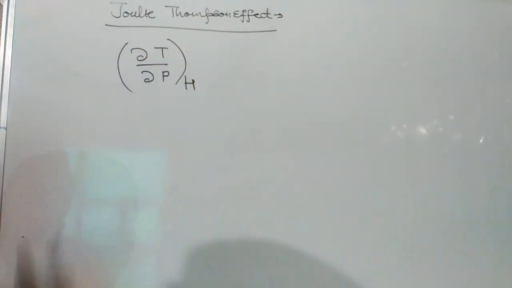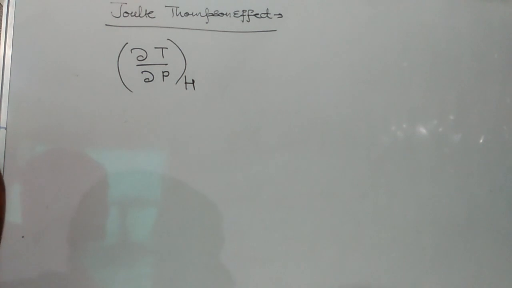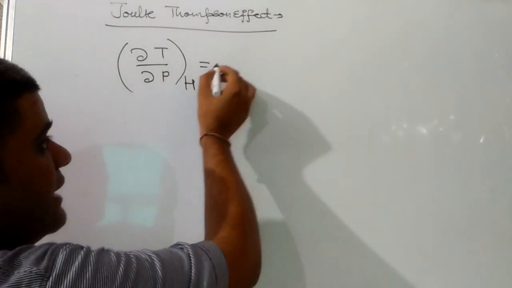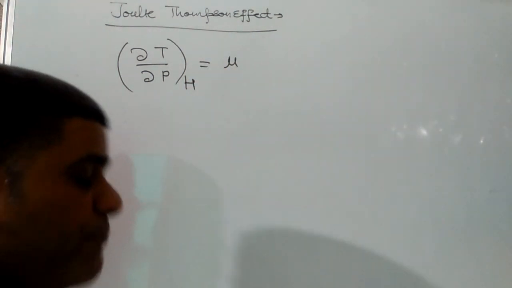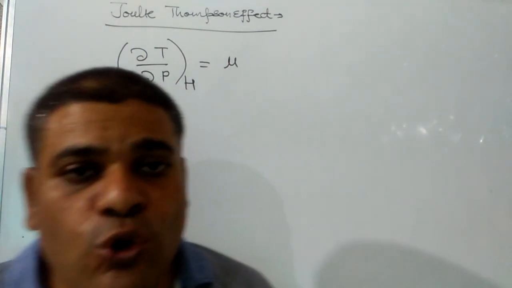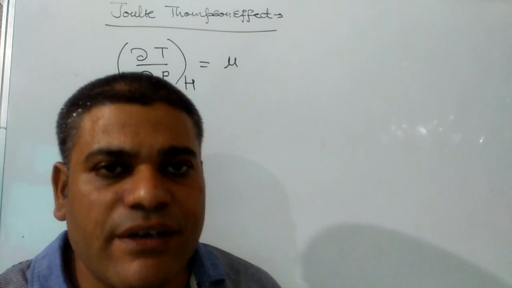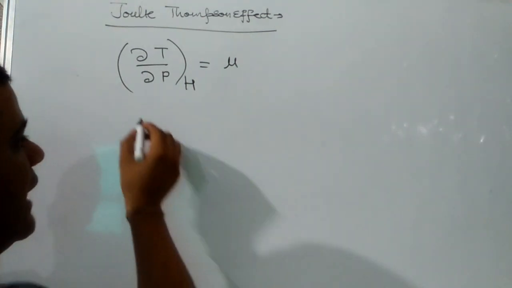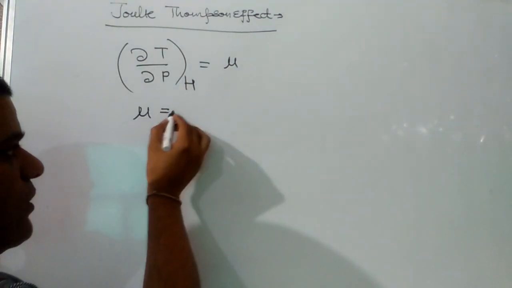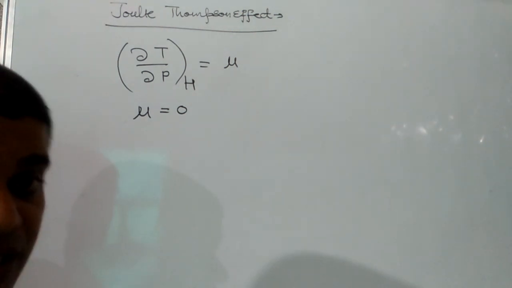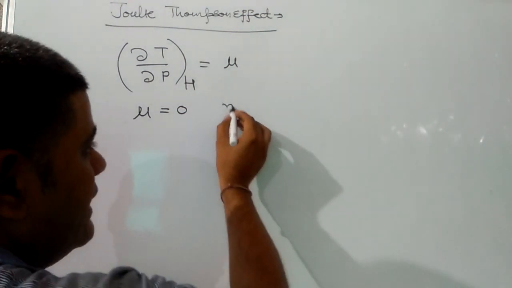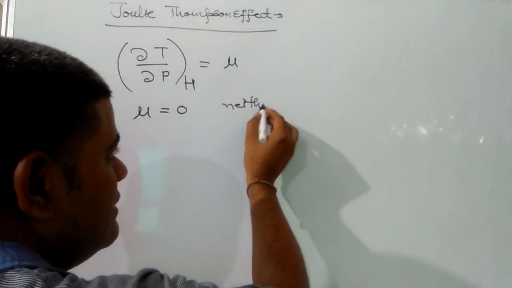delta T over delta P at constant H is denoted by mu, where mu is known as the Joule-Thomson coefficient. If the value of mu is zero, then neither heating nor cooling will take place.